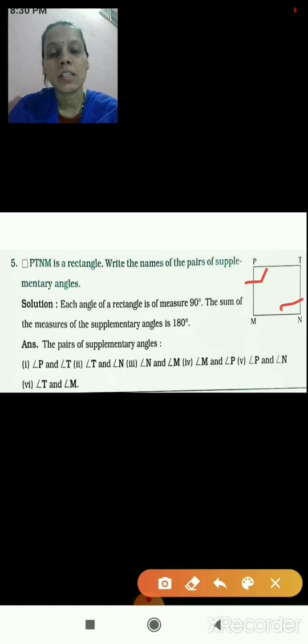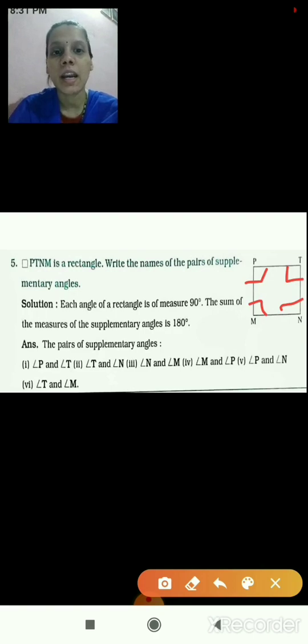So angle P is equal to 90 degrees and angle N is equal to 90 degrees. So measure of angle P plus measure of angle N is 90 plus 90, equal to 180 degrees. So they are supplementary angles. Now the next one, the last pair, is angle T and angle M. So what is the measure of angle T?